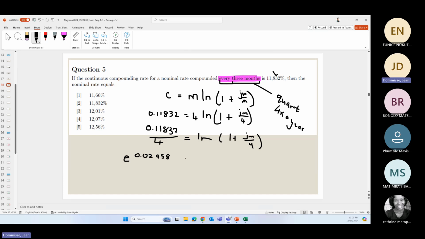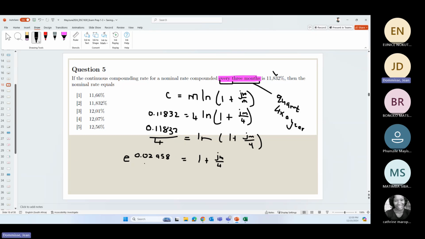Okay, and that is then equal, we could have gotten away with the log here, so that has fallen away. So we then have Jm over 4. So I can work out e to that.